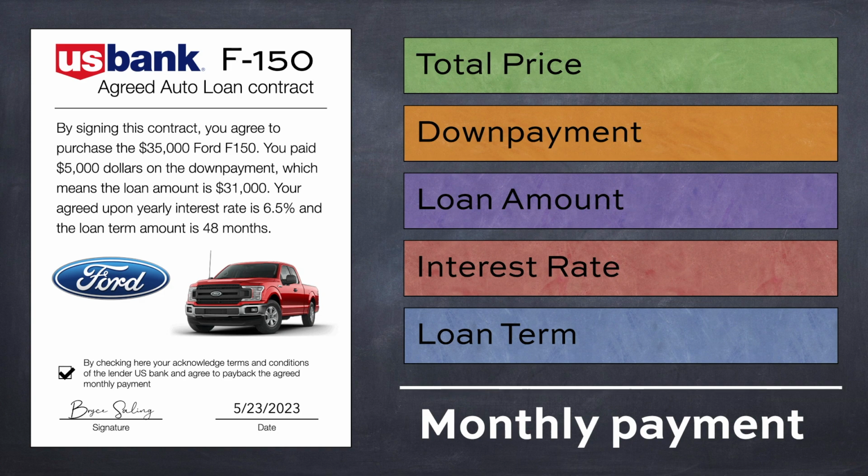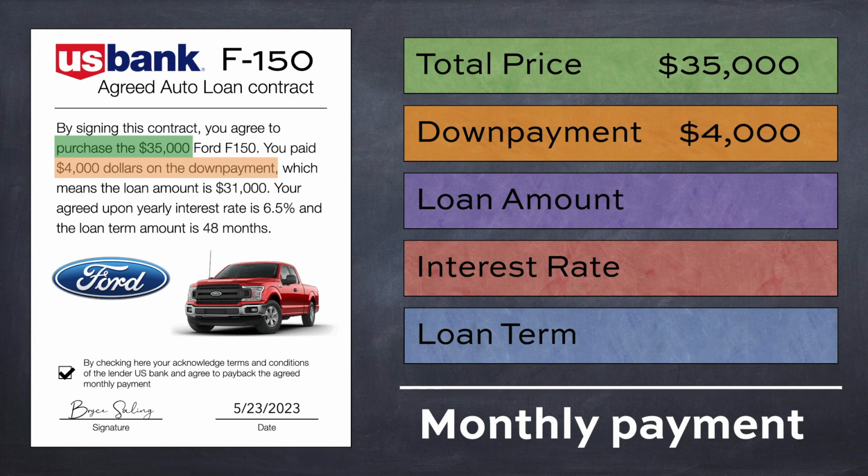So let's first look for the total price. It says, by signing this contract, you agree to purchase the $35,000 Ford F-150. So that means the total price of the car is $35,000. Then it says you paid $4,000 on the down payment. So that means you paid $4,000 on the down payment.